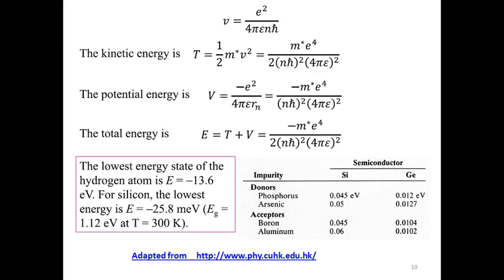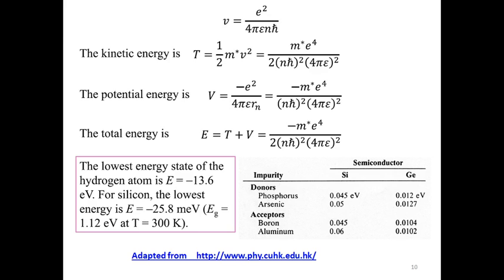And by using the same formula, if you calculate the value for silicon, that is our main purpose, the lowest energy E is equal to minus 25.8 milli electron volt, and we know the band gap Eg is equal to 1.12 electron volt at room temperature. But the main important purpose here is how this ionization energy value will change when we add impurities in the semiconductor, that is donor impurity or acceptor impurity in silicon or in germanium.